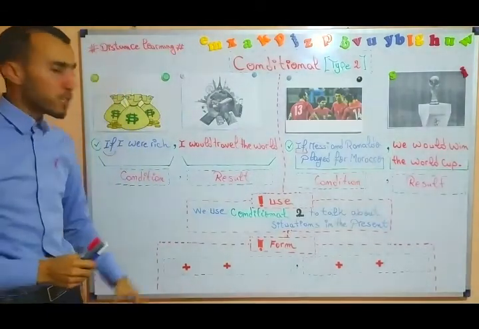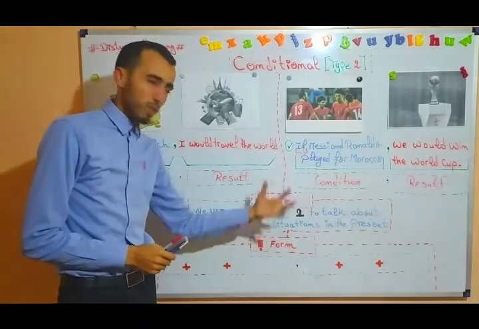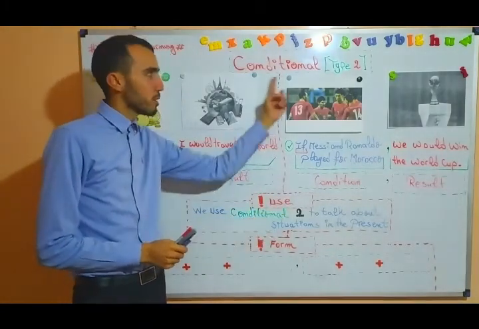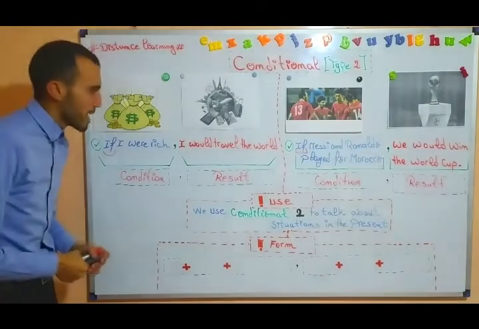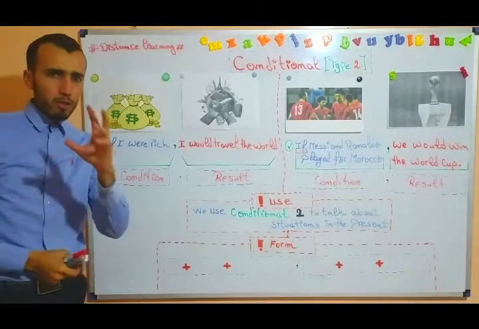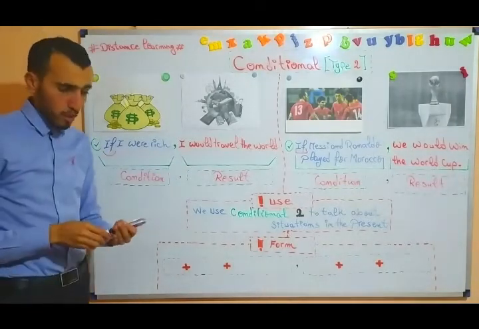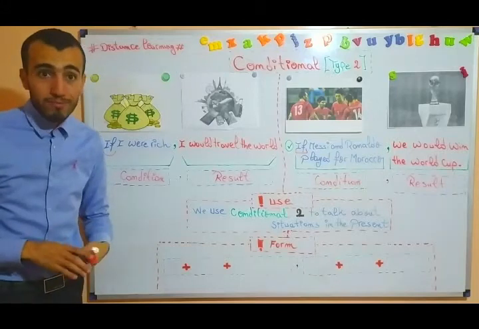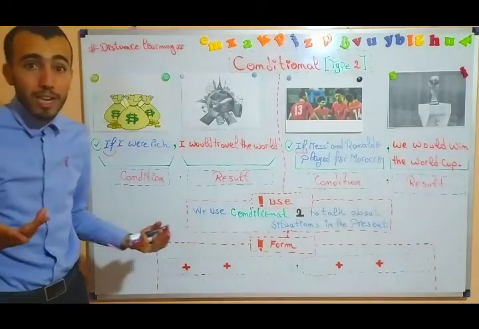Now, let's look at the two examples in terms of meaning, so we could discover the use of conditional type 2. Let's look at the first example. If I were rich, I would travel the world. What you might understand from this statement is that I am not rich. In reality, I'm not rich.